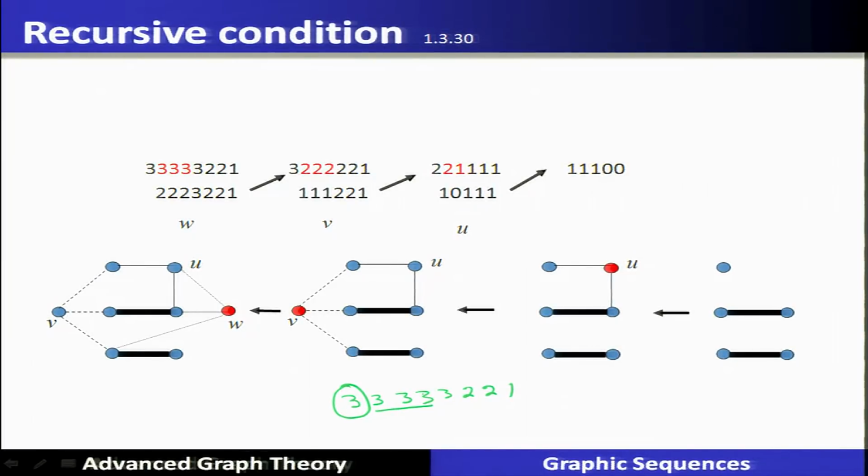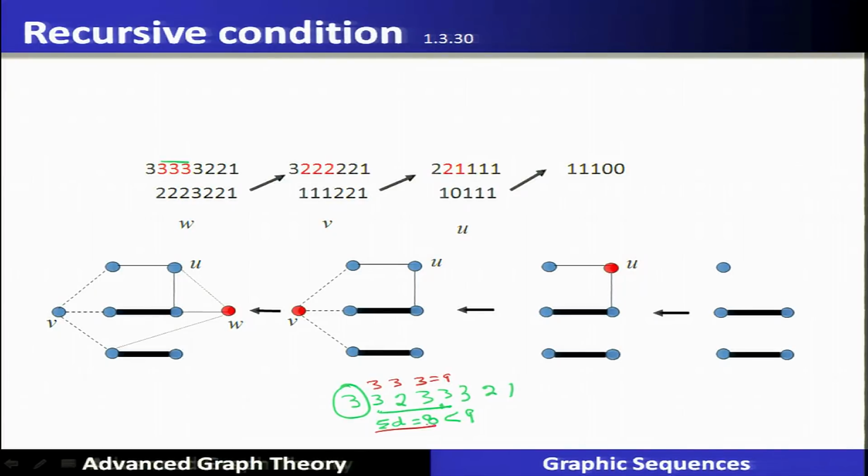If instead we place this 3 here and 2 over here, then the degree sum of 1, 2, 3 becomes 8, which is less than 9, which is what it should have been in this condition if you consider this as degree 3.